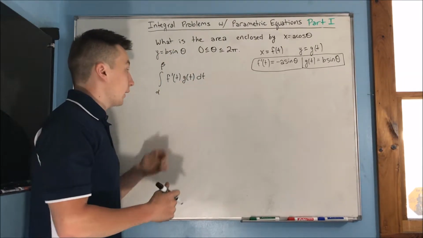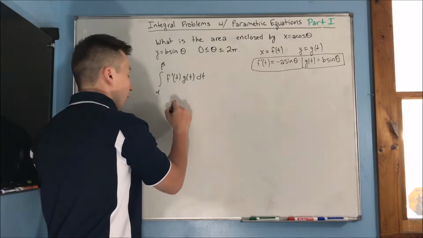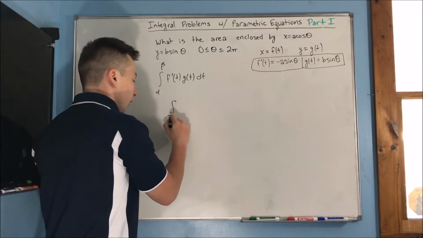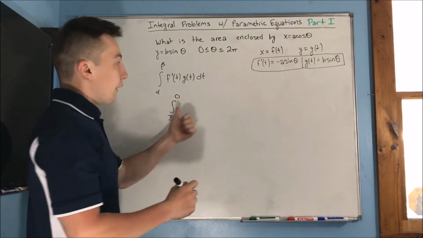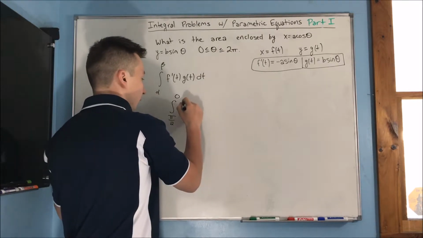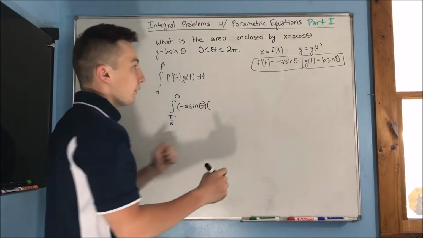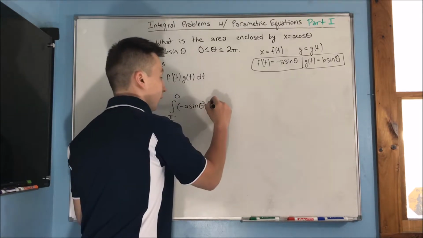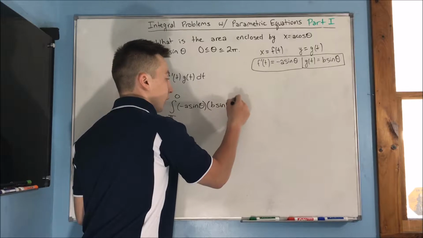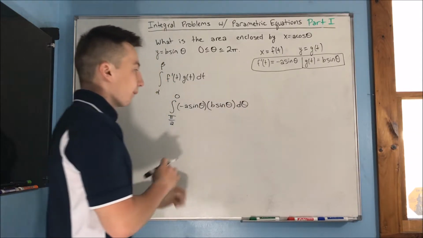So now we can plug into this integral here. We're going to get the integral from pi over 2 to 0 of f prime t, which is negative a sine theta, times g of t, which is b sine theta, and we have d theta on the end.